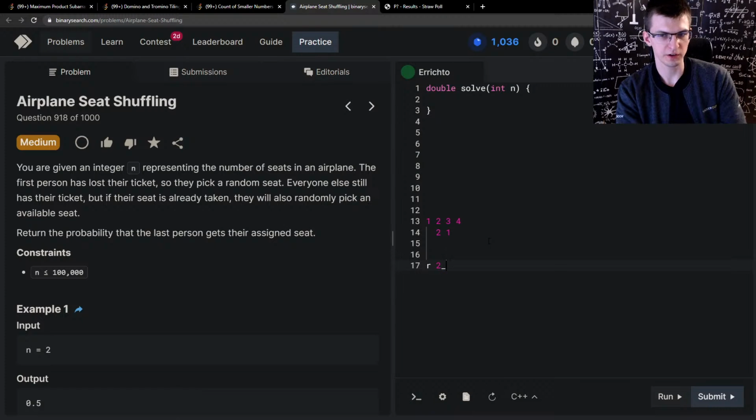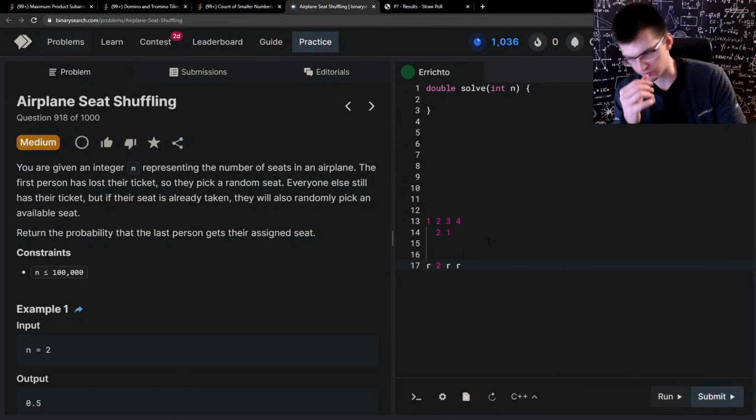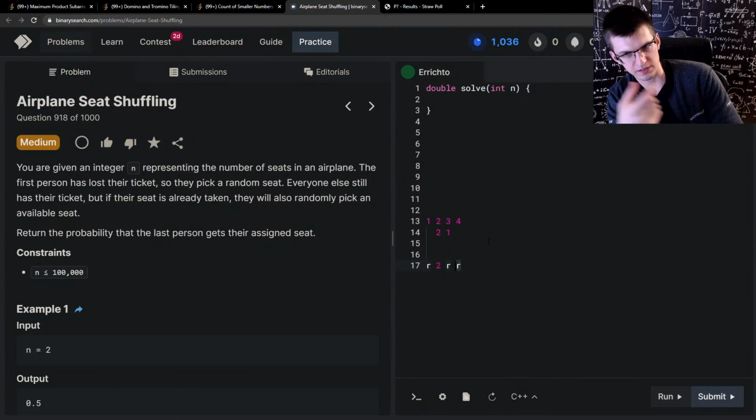Then here we have 3 if it's available, and otherwise a random number. 4 if it's available, and otherwise a random number. Whenever we have a new random number, it means that something from the past took our spot.